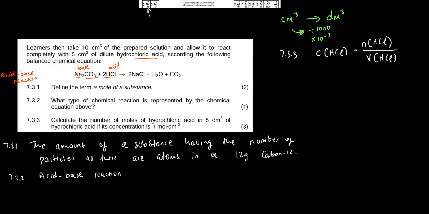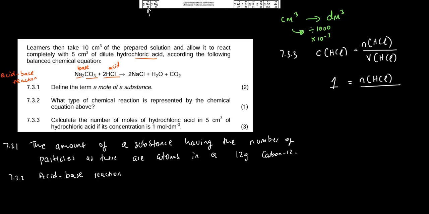Great. So what is the concentration? The concentration is 1 mole per decimeter cube. Great, from what we were told. And then, do we have the number of moles of that HCl? We do not have. I believe it's the one that we're looking for according to the question.